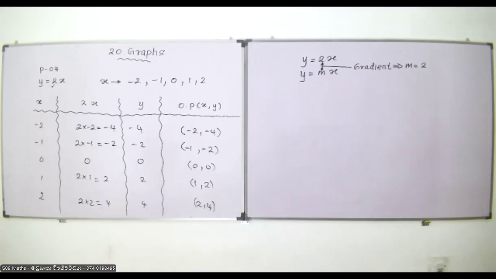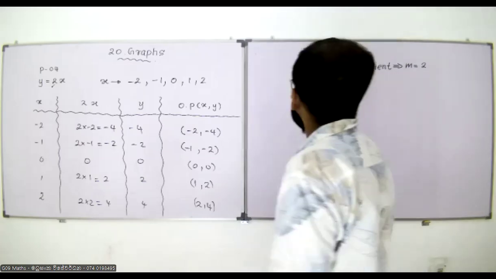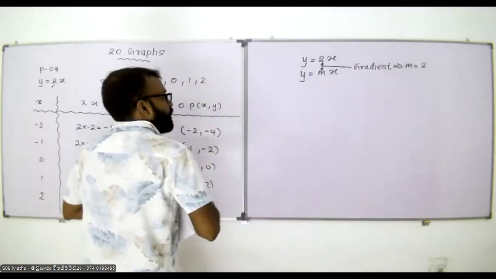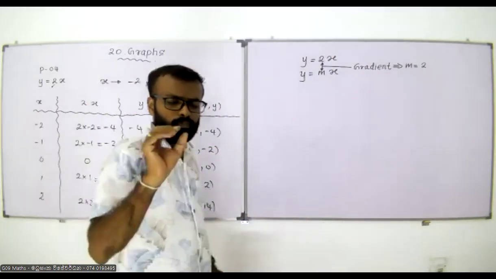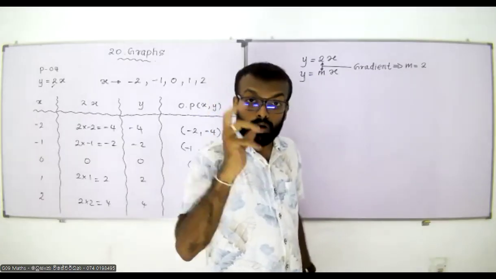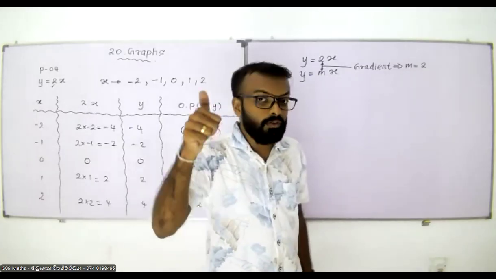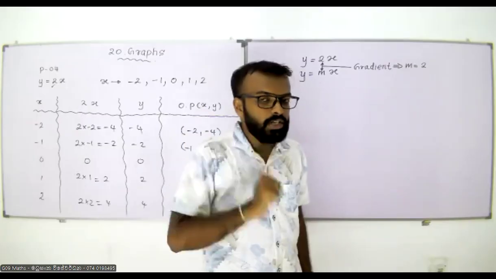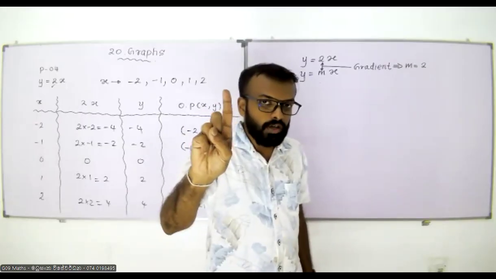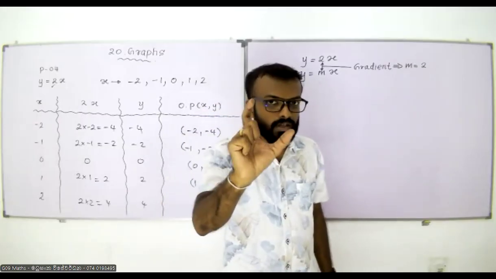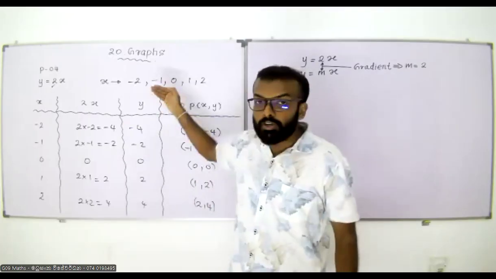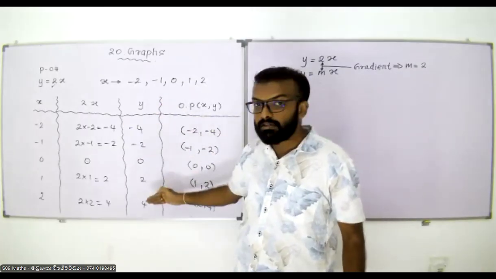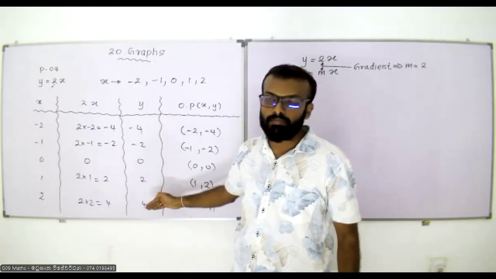Most important, before you draw a graph you need to identify what is my x value range and what is my y value range. That's why we filled this table.